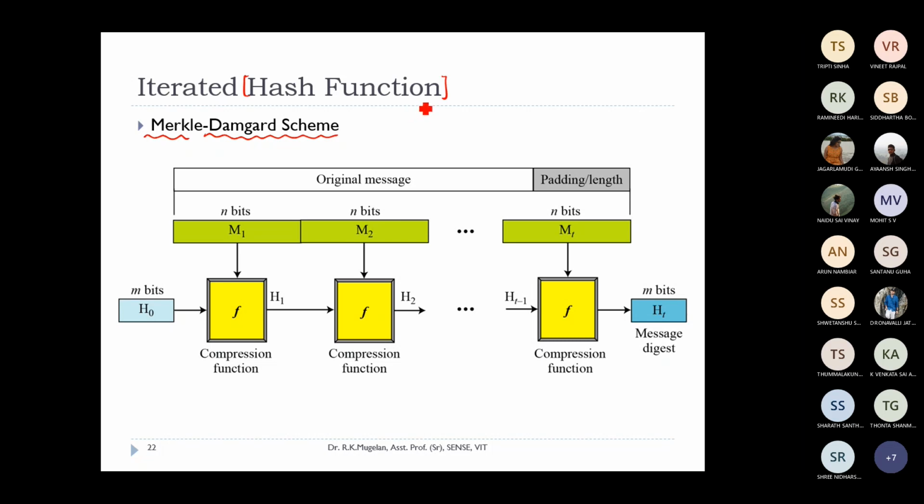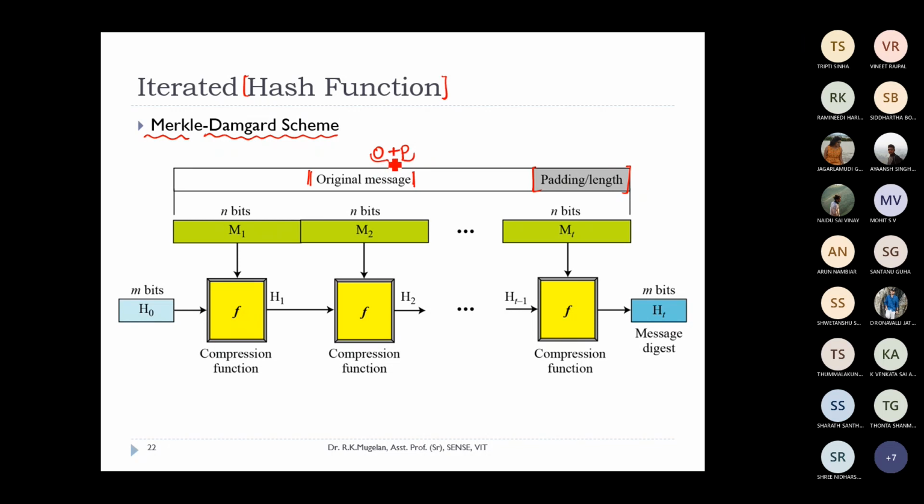So how this works: whatever message you want to find the hash of, based on your scheme or algorithm, you'll be padding it, to make it a multiple of something. I hope everyone understands why we are going for padding. There will be padding bits added. Then this original message plus the padding, everything will be taken as an input.